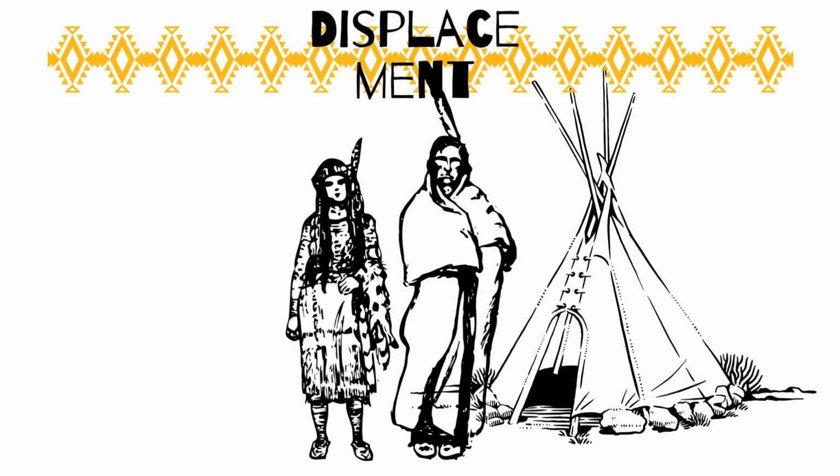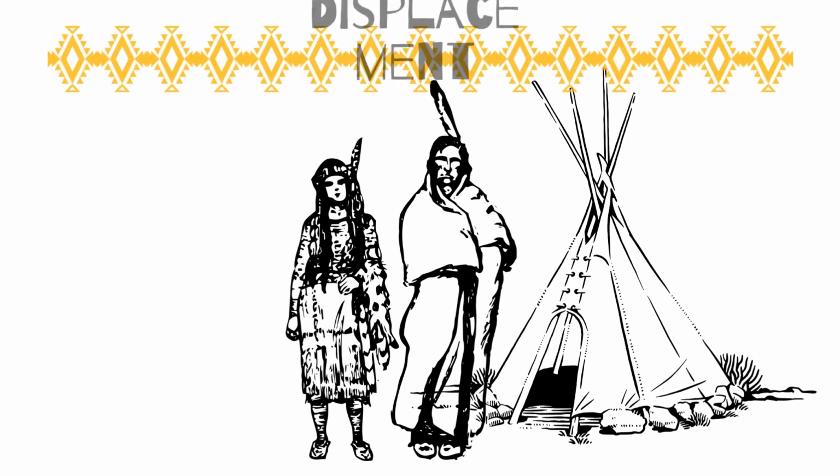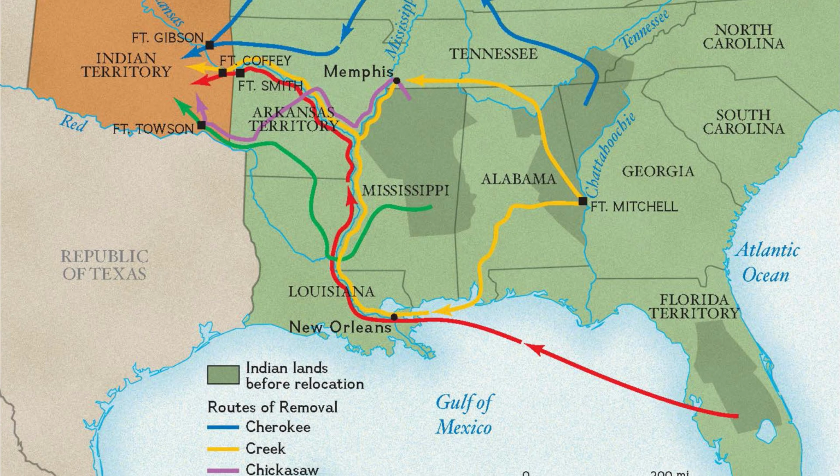The forced displacement of indigenous communities from their ancestral lands disrupted not only their physical health but also their cultural and societal well-being. One historical example of this displacement of indigenous communities was the Trail of Tears. As the westward expansion of the United States continued, President Andrew Jackson enacted the Indian Removal Act of 1830.